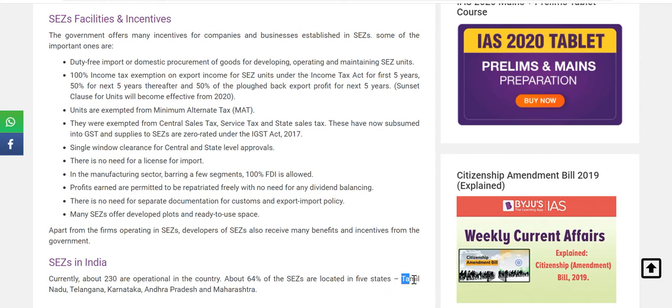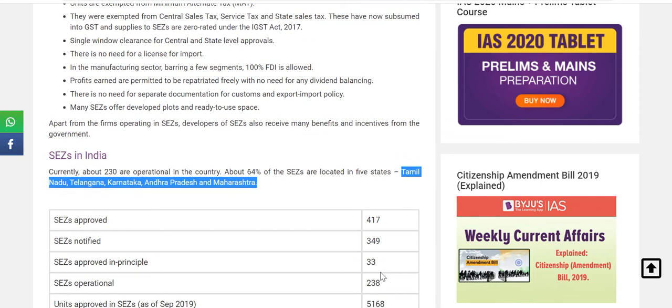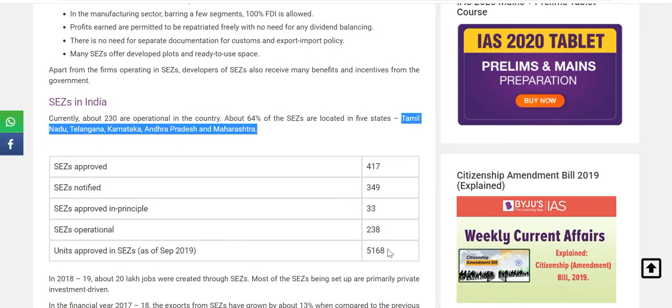So it's mainly concentrated in big states like Tamil Nadu, Andhra Pradesh, Maharashtra, Telangana, Karnataka. Operational are 238, and around 5168 have been given approval.